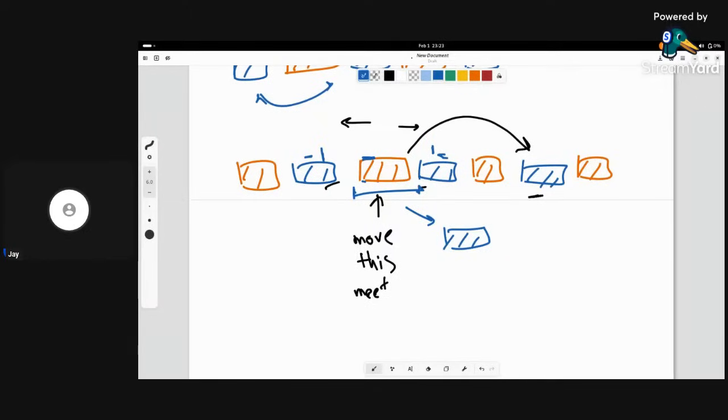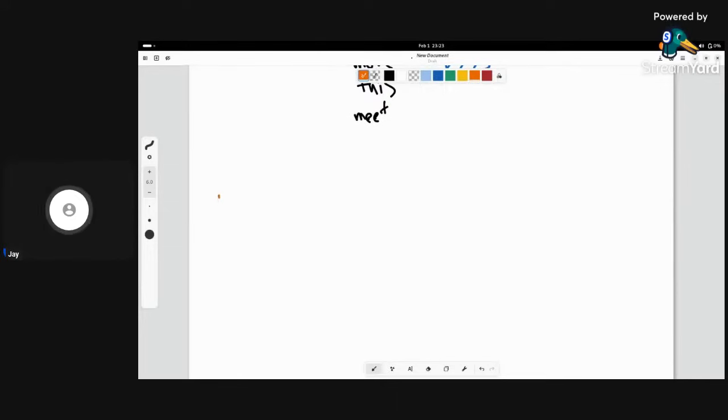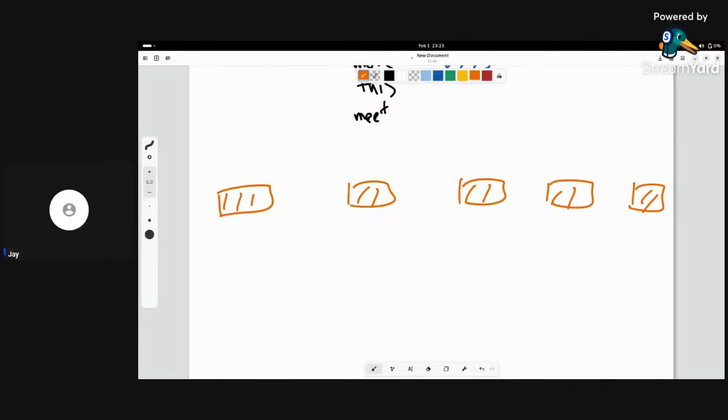Now in this case, you can move your meeting to some other free slot, and we can move at most one meeting. So how do you account for this type of operation? What you can do is, let's look at when we can move a meeting in that manner. These are your free slots.